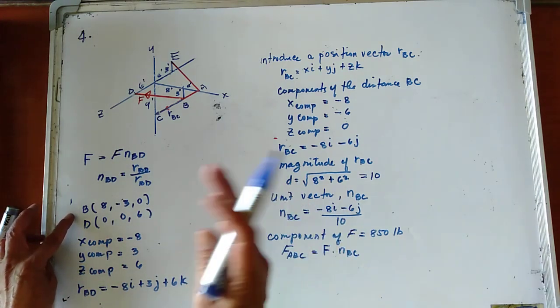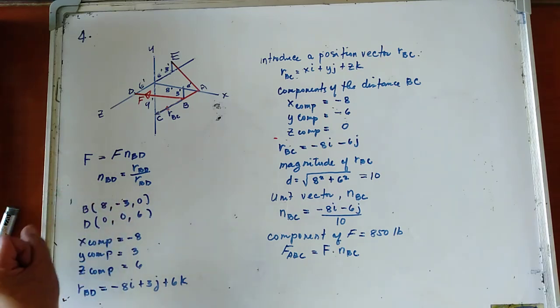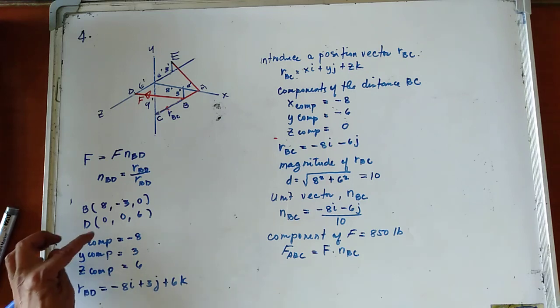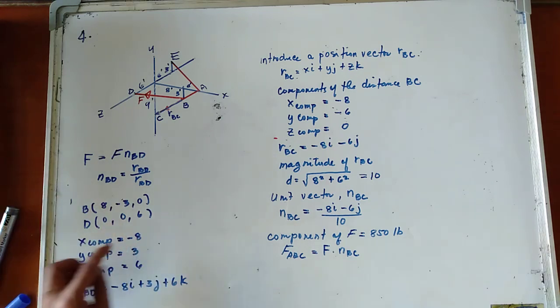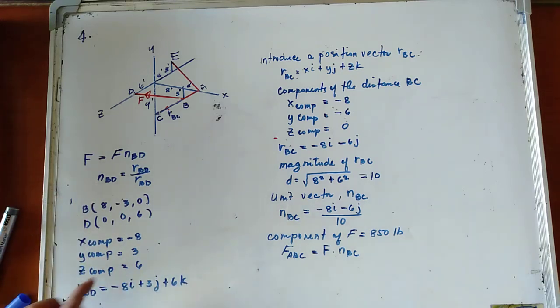Now, if you go back, the coordinates of B and D are 8, minus 3, 0, and 0, 0, and positive 6 respectively. Now, the x component, 0 minus 8 is negative 8. The y component, 0 minus minus 3 is positive 3. And the z component is 6 minus 0, so that is equal to 6. Hence, the position vector is minus 8i plus 3j plus 6k.